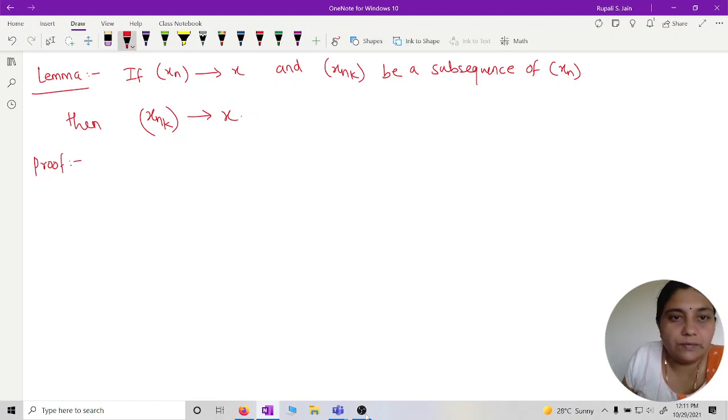Means if x is the limit of the original sequence x_n, then that x will serve as a limit of its subsequence also. Is that okay?